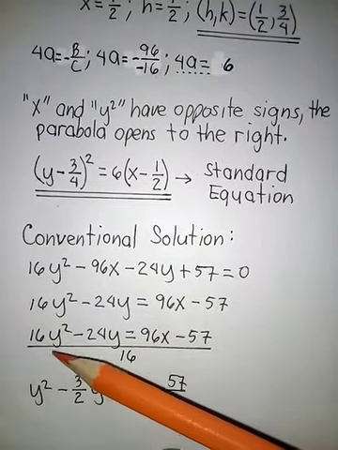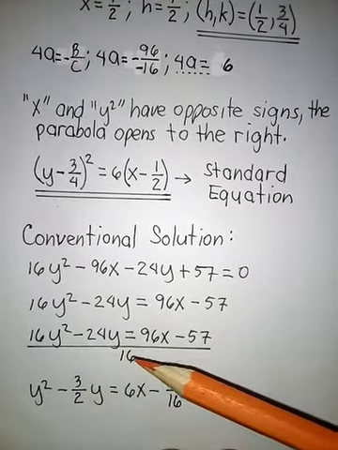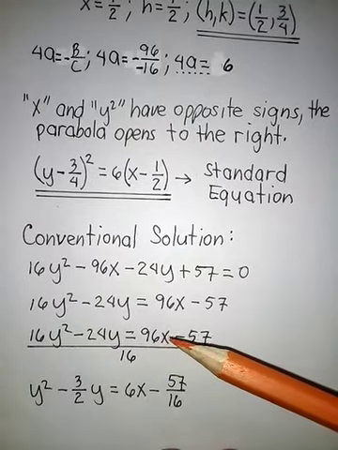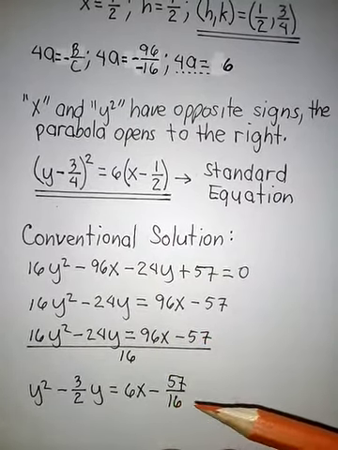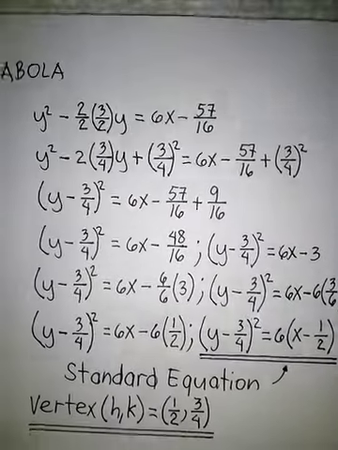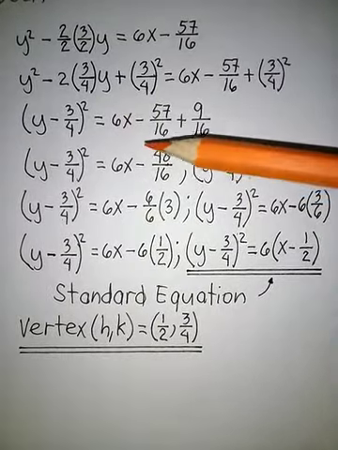So we will have y squared, and then negative 24 divided by 16 is negative 3 halves y is equal to 6x minus 57 over 16. So, let us simplify further.